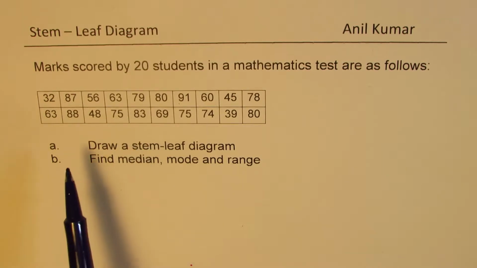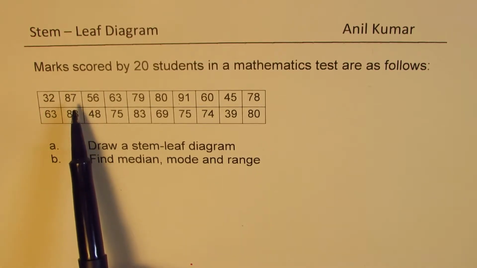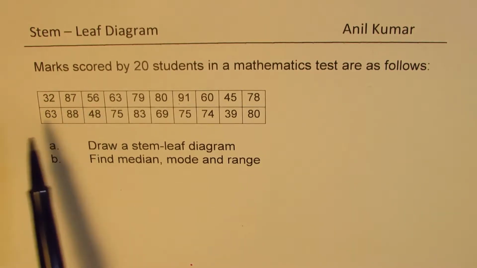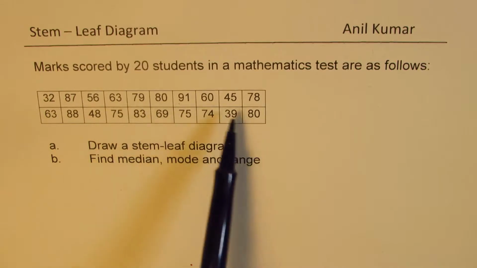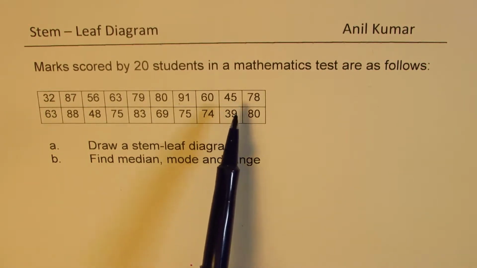Now, to draw a stem and leaf diagram, we have to place the last digit in the leaf and the rest in the stem. So these are ones and tens place. So ones place will be placed in the leaf.